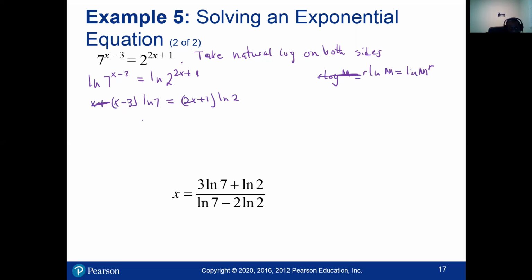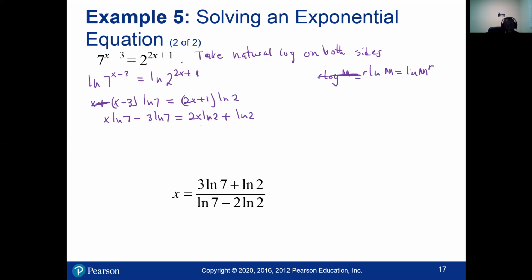So we distribute just like we did. That'll be x ln 7 minus 3 ln 7 is equal to 2x ln 2 plus 1 times ln 2, which is ln 2.